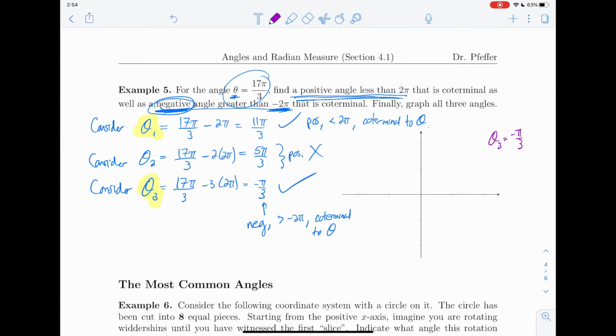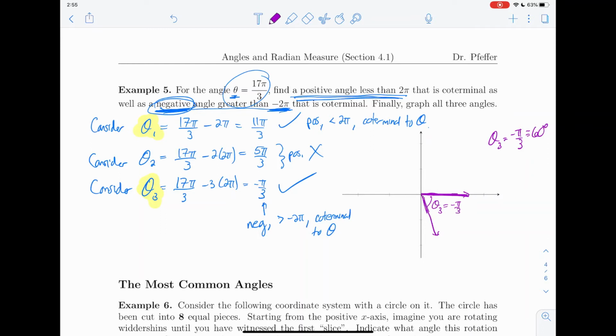Pi over 3 is, again, 60 degrees, which is just shy of a quarter turn, but in particular it's negative. So what that means is that, again, I'm going to start in the positive x direction, but instead of going counterclockwise, I'm actually going to go clockwise, and I'm going to go just shy of a quarter turn, and this is going to be my angle theta 3, which is negative pi over 3.